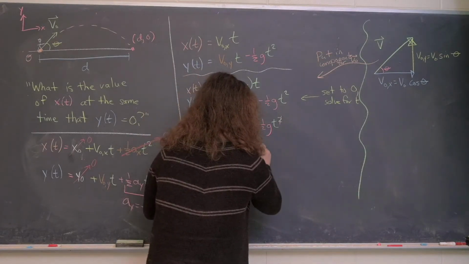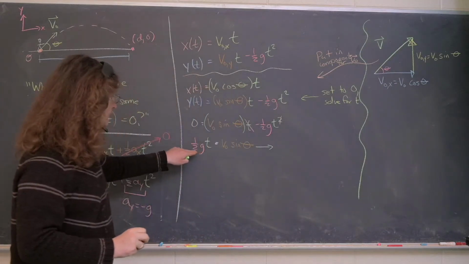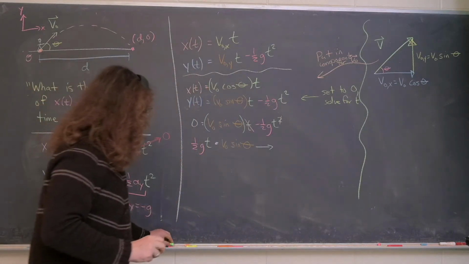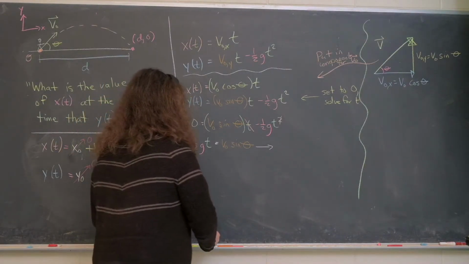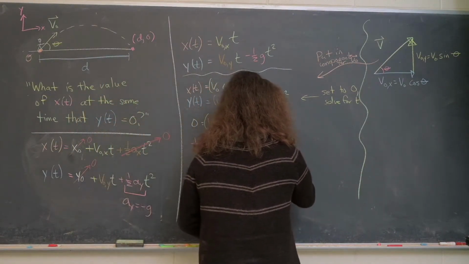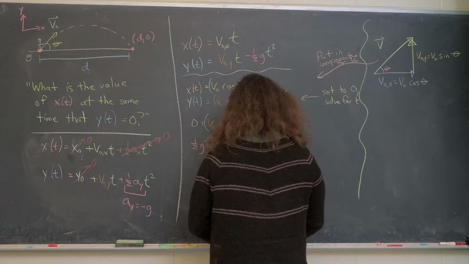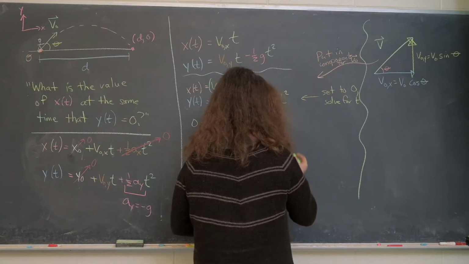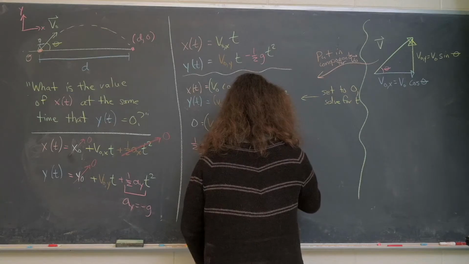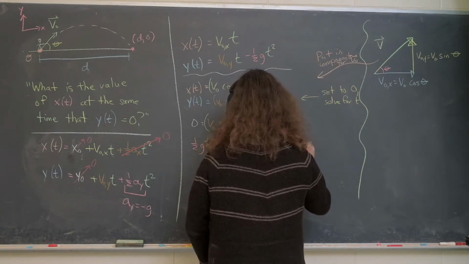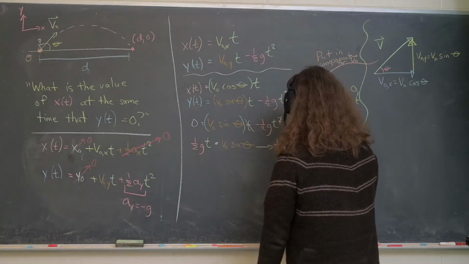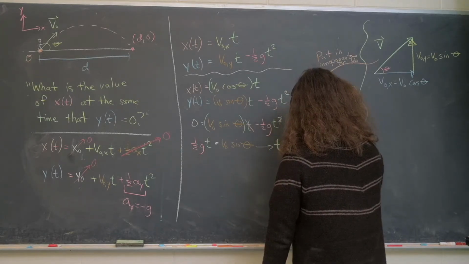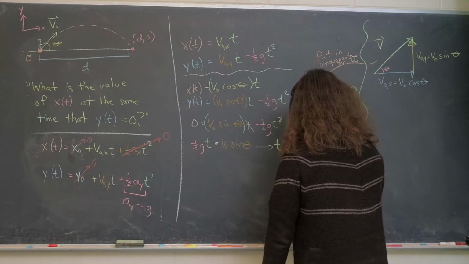So I need to divide by 1/2 g, which means I multiply by 2 and divide by g. So this gives me t equals 2 V naught sine theta divided by g.